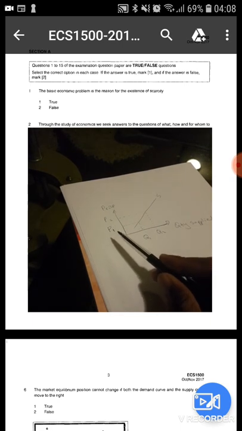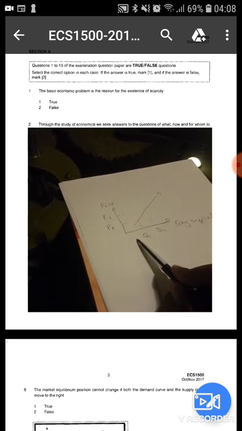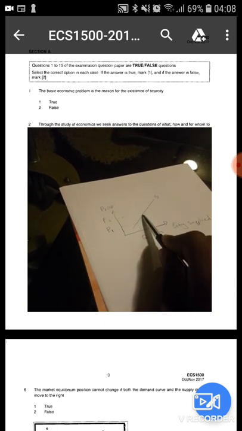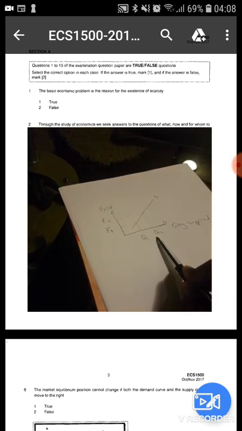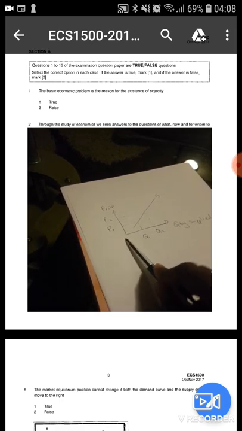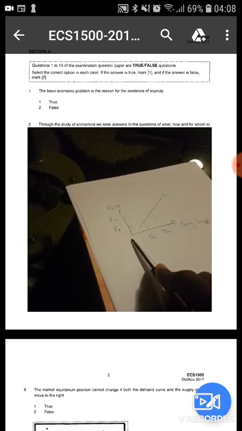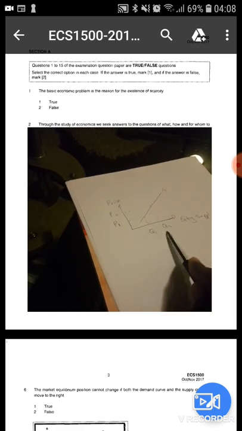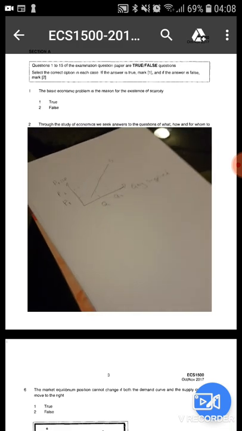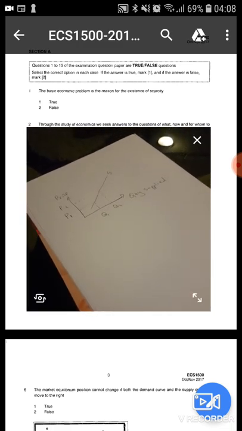So if the market price is less, the quantity supplied is less. If the market price is high at P2, the quantity supplied is also high at Q2. So there is a positive relationship between the movement of price and the movement of quantity supplied. So this question will be true.